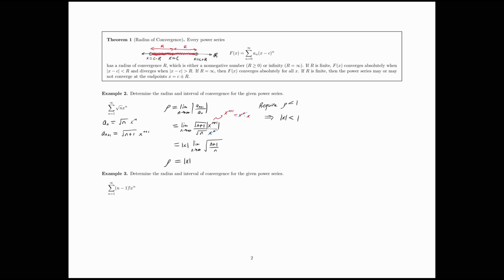So right here, notice that the center of our power series is not x minus something to the n, this is x to the n. Well, this means our center must be 0. So again, we can view it as the absolute value of x, but we can also interpret this as x minus 0 in absolute value.